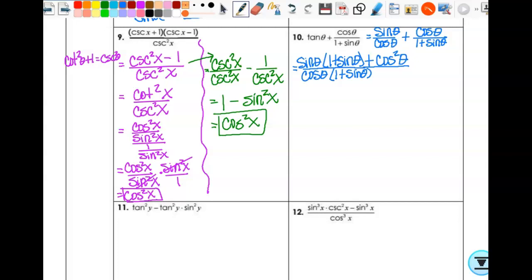All right, so in the denominator, I'm not sure that I want to distribute because I don't know if that would help me, but in the numerator, I feel like I have to distribute or I can't combine or get anywhere. So we're going to leave the denominator alone right now and just rewrite it as cosine theta times 1 plus sine theta. Then up here, this is going to give me sine theta plus sine squared theta plus cosine squared theta.